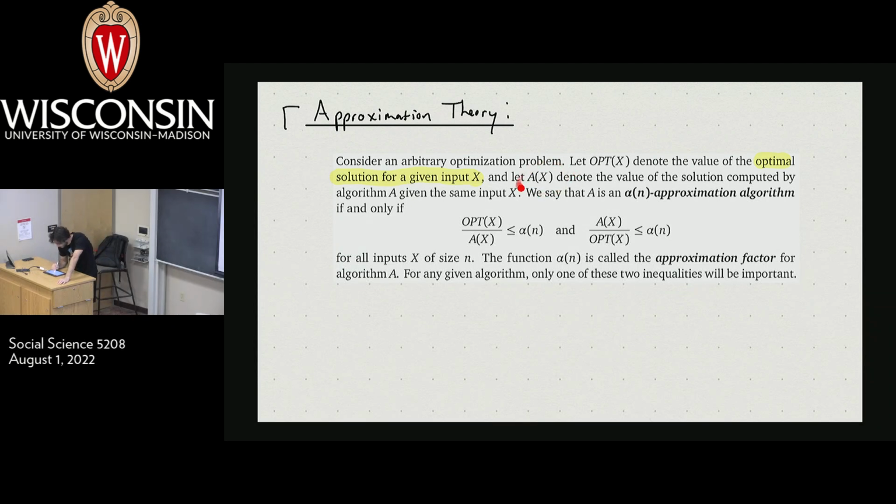And then we'll let A of x denote some algorithm that we've created to solve the problem. Now we say that A is an alpha of n approximation algorithm if and only if the optimal divided by the algorithm's value is at most alpha of n, specifically for a maximization problem. For a minimization problem, we want the algorithm's value over the optimal to be at most alpha of n.